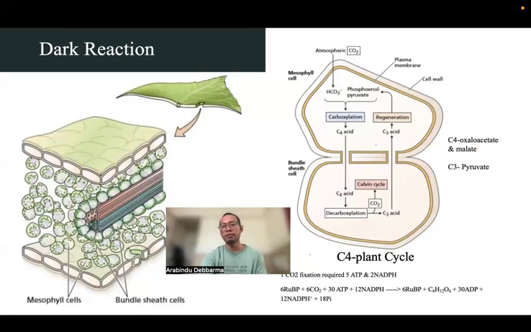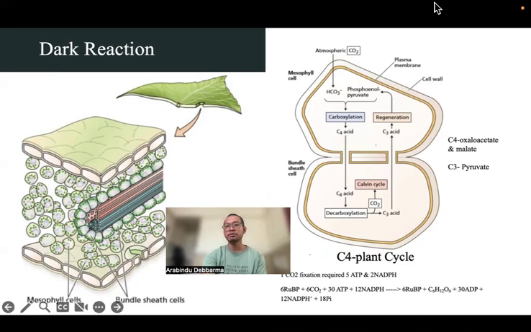So either in the form of oxaloacetate or malate, it will fix the C3 carbon and turn it into C4 carbon. The carbon dioxide is fixed with phosphoenol pyruvate and converted into oxaloacetate and malate.